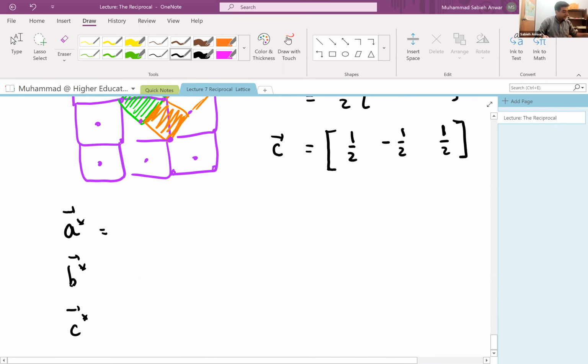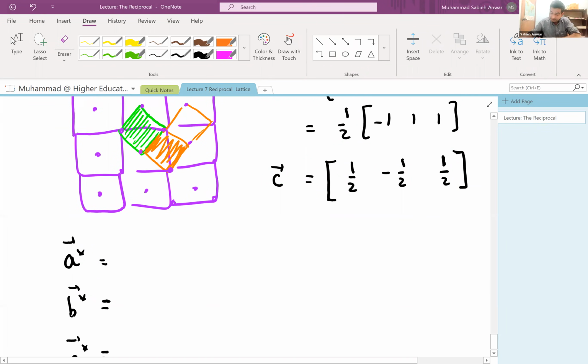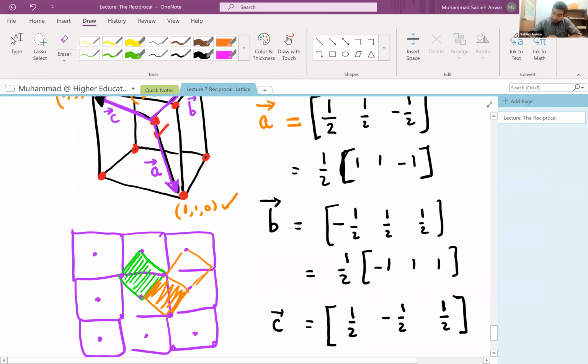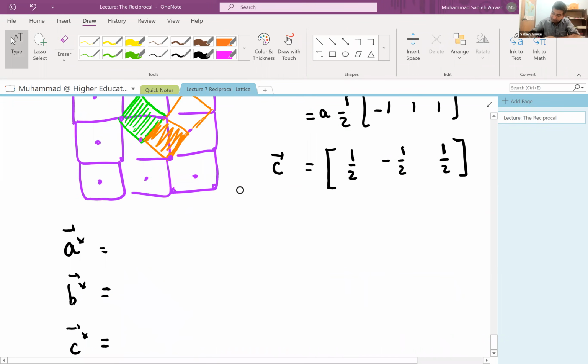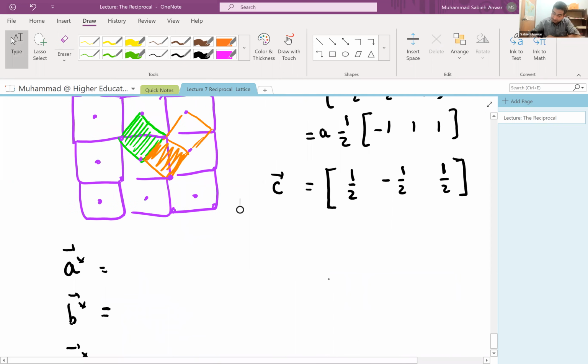So if I were to find A star, B star, and C star, my final results would be the following. By the way, these are in units of A, and I want to use absolute units when I'm dealing with reciprocal space.